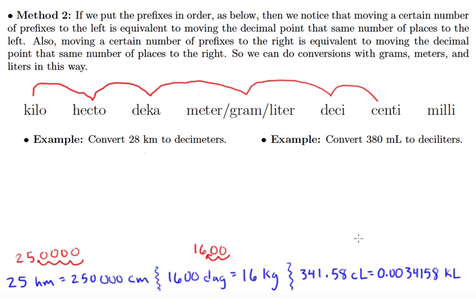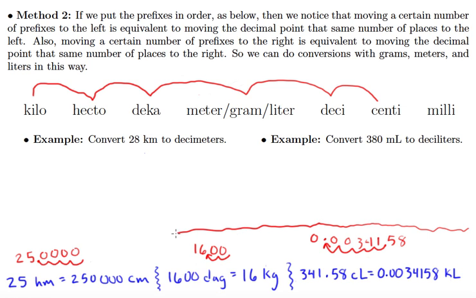And if we take a look at starting with centi, where the decimal point is between the 1 and the 5, if I go to the left 5 places there, and of course add zeros when I jump empty spaces, I end up with my number of kiloliters. All right. So by making this chart, I've created a shortcut that certainly works for those 3 examples we've already done, but in fact this works all the time.